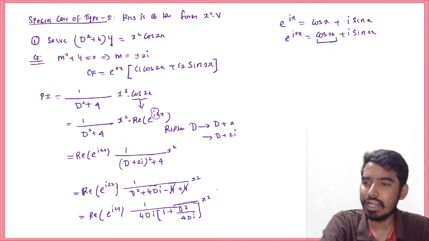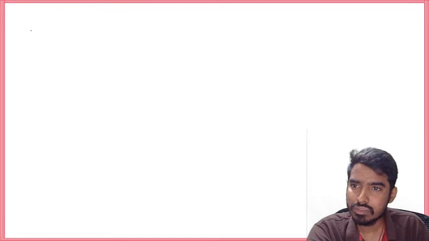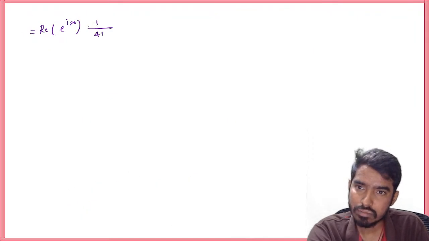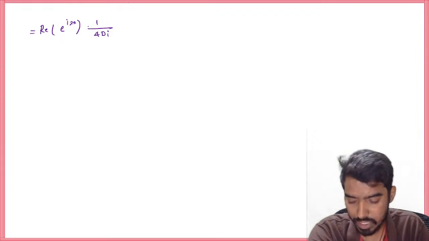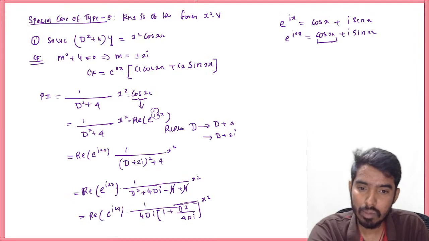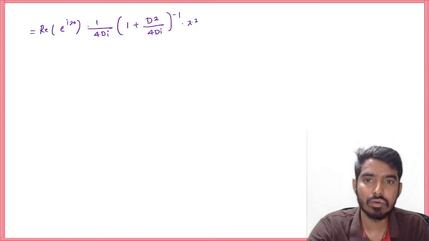RS is of the form polynomial in x. So we have this to be the real part of e power i 2x, and we have 1 by 4Di, 1 plus D square by 4Di whole power minus 1, x square, right?